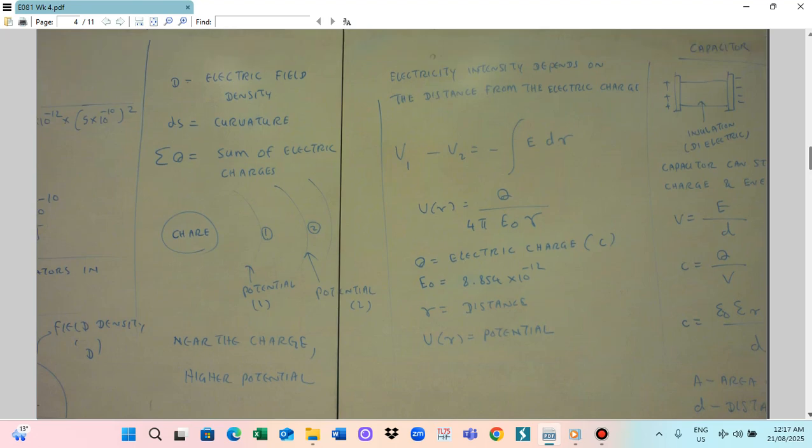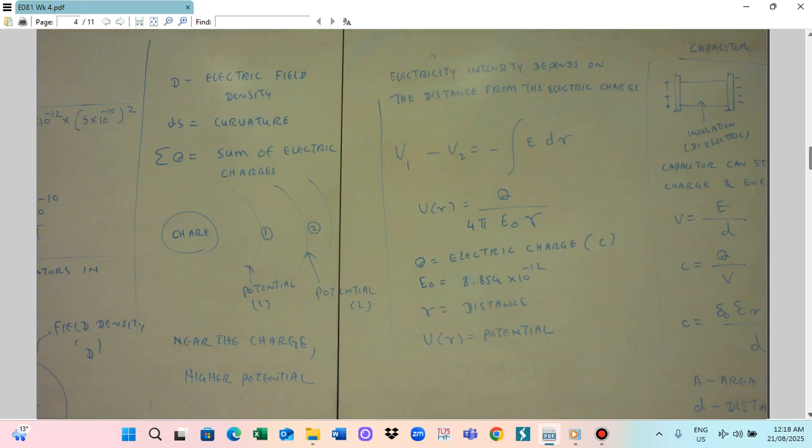Potential 1 is greater than potential 2 because point 1 is closer to the charge than point 2. Therefore, the closer you are to the charge, the higher the potential.